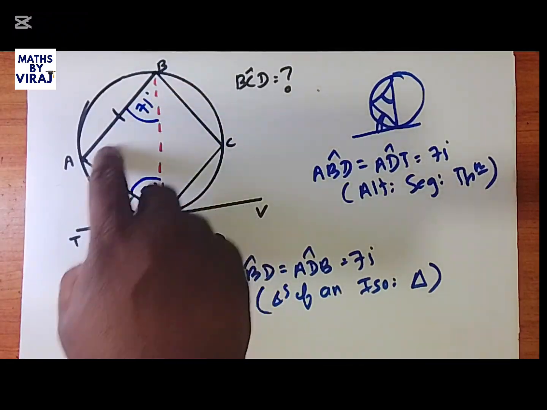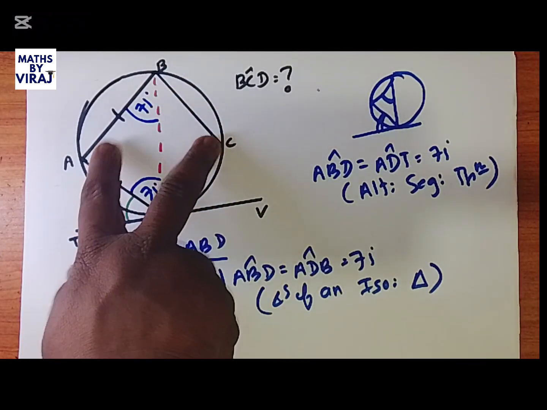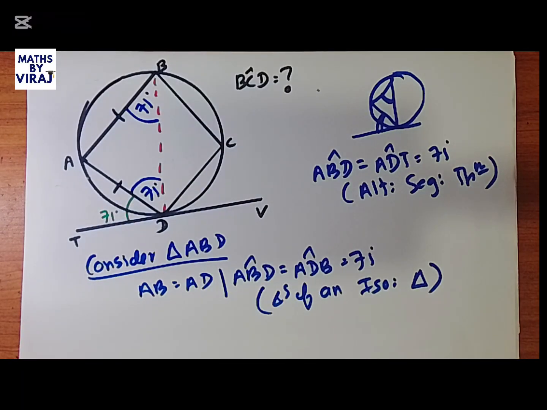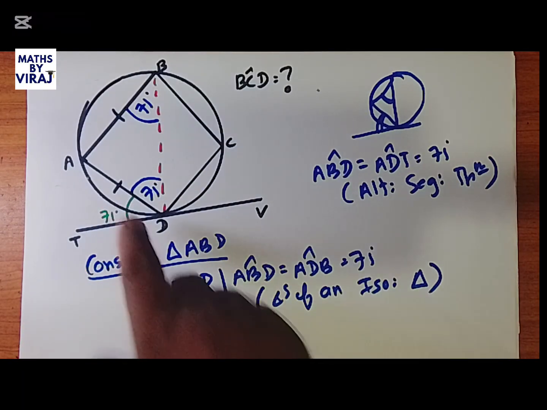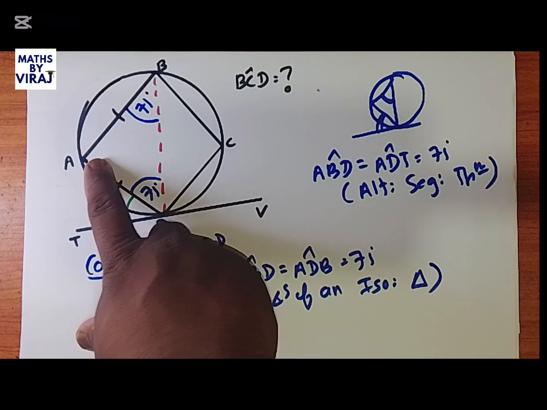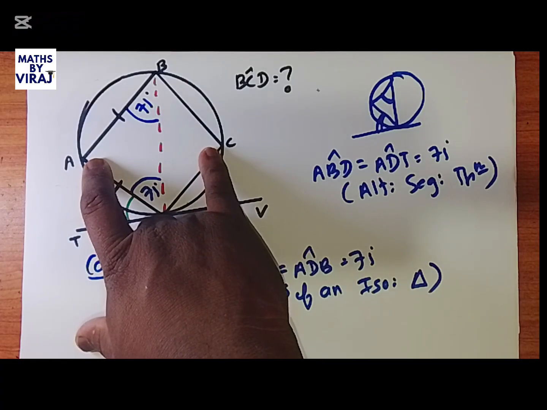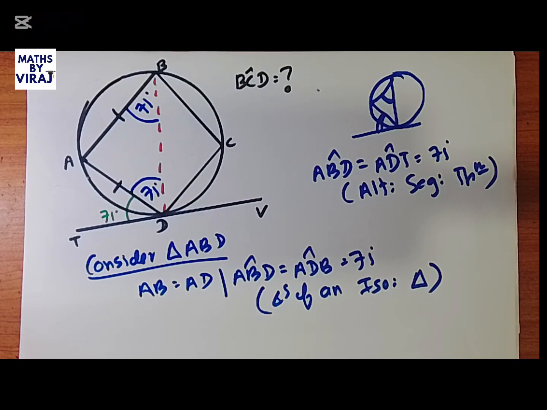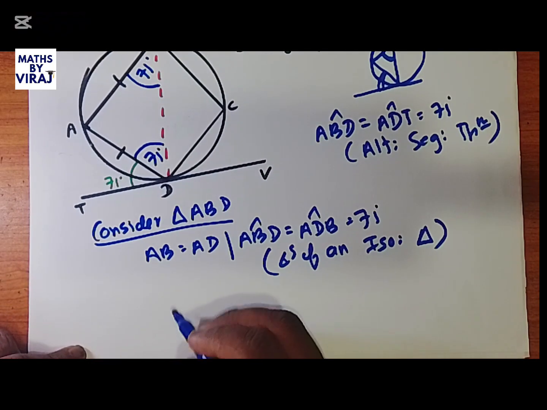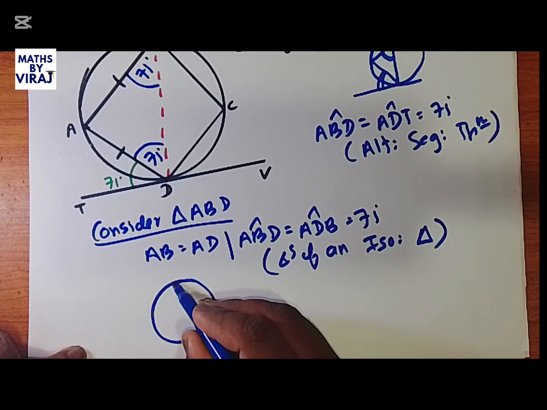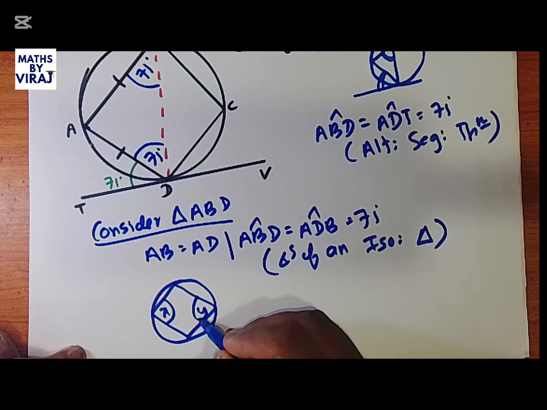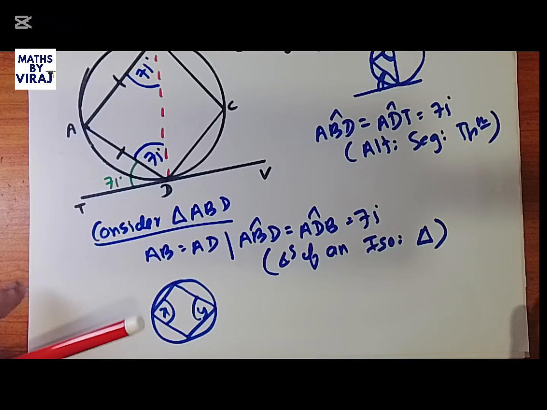and BAD are opposite angles of a cyclic quadrilateral, if I get this angle, I can easily get the value of BCD. Right, now what I meant was, in a cyclic quadrilateral, the opposite angles add up to 180.